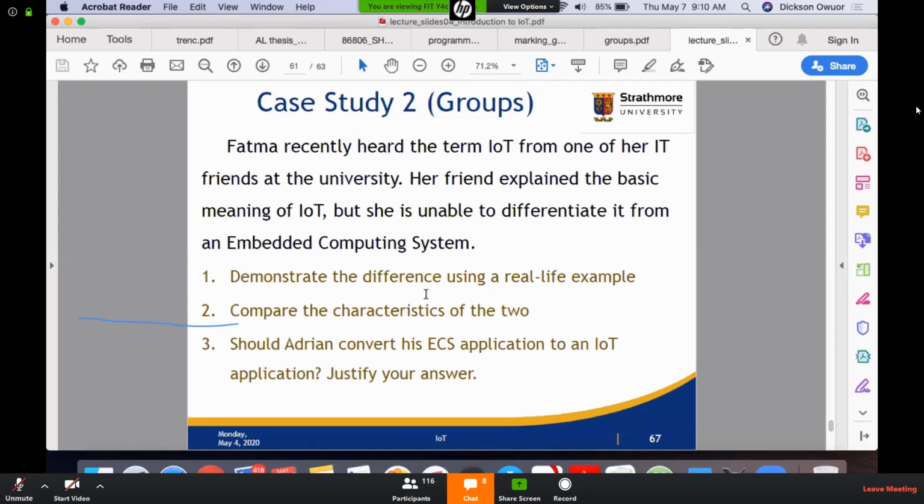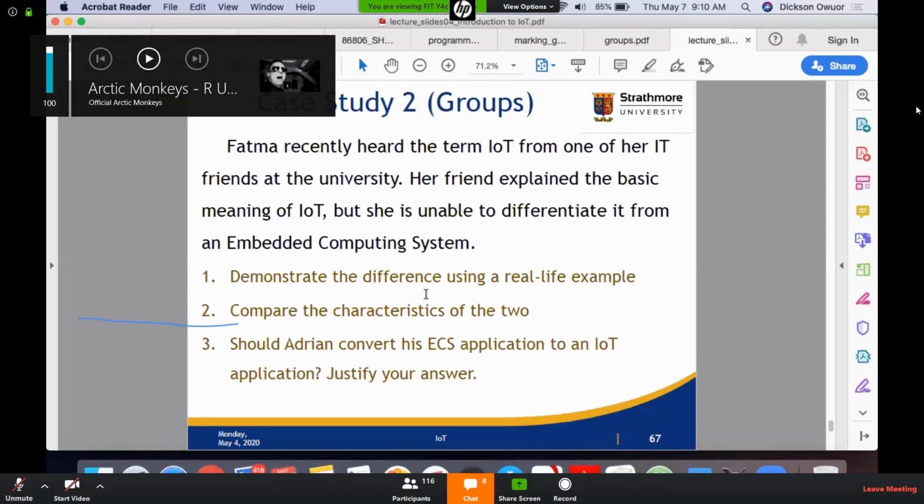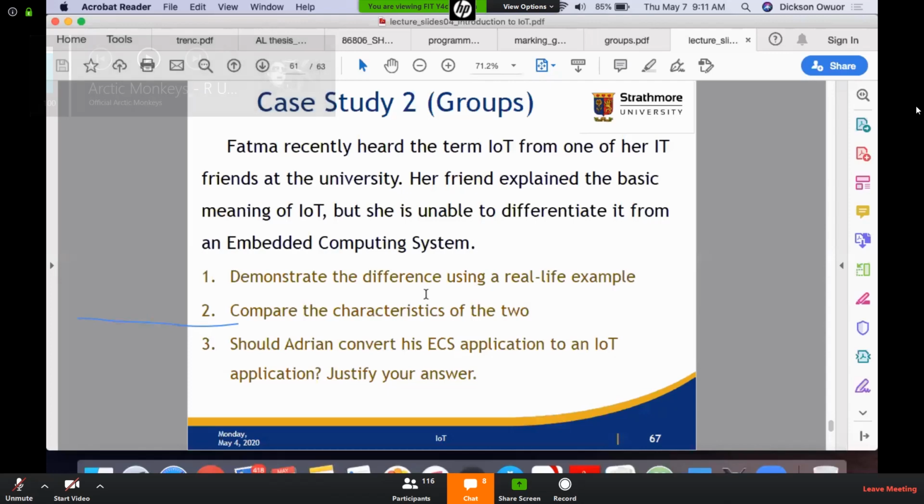So from there, you realize that, as group two was saying, an ECS is sort of like an IoT system that maybe has less capability. Because if you look at the characteristics, you realize that for the IoT, we emphasized smartness or intelligence. Okay, so that is being ubiquitous, being able to almost think on its own, and we didn't emphasize that on the embedded computing system.